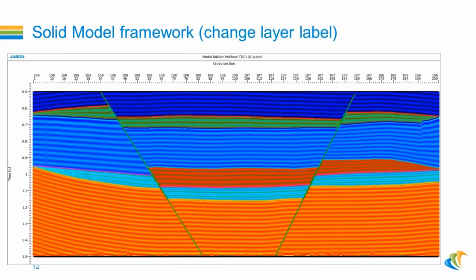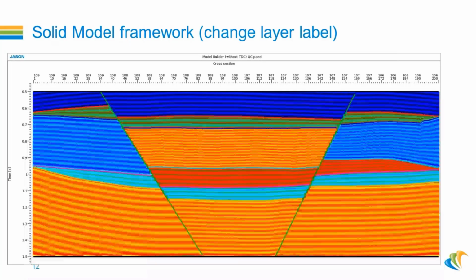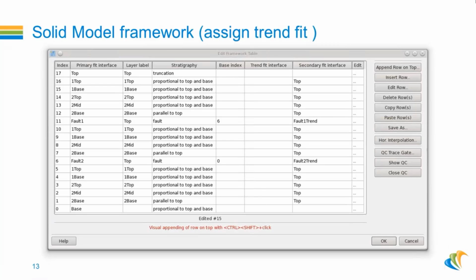So we have this framework where we can see that the layers on either side of the faults are connected to each other, but by changing that layer label, it actually changes the middle fault block, and all the information from wells or control points in the middle fault block is now used as a separate fault block, and it's not transported onto the fault blocks on the side. That's one example of changing a layer label.